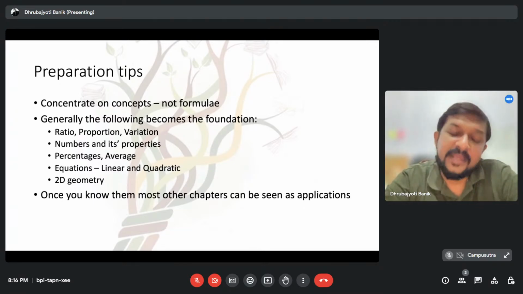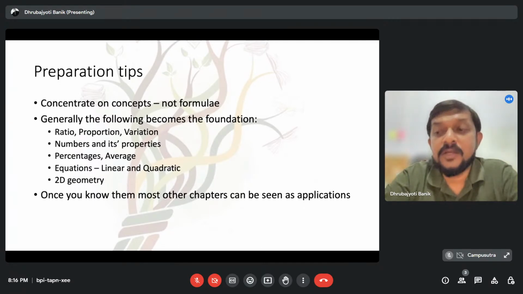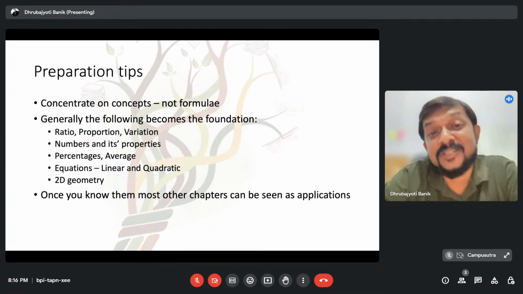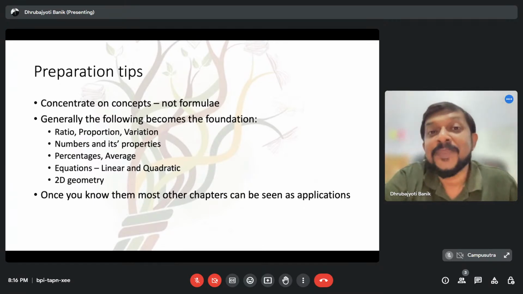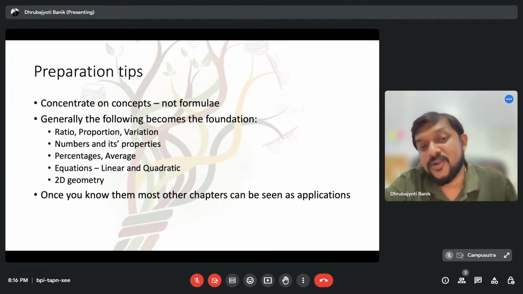Okay, 2D geometry. These are some of the chapters where the theory, the concepts that the teacher teaches, or the theory that is there in the book, I'm still insisting, I have still not reached the stage where I'm talking about questions. Okay, the concepts will play a very, very important role.